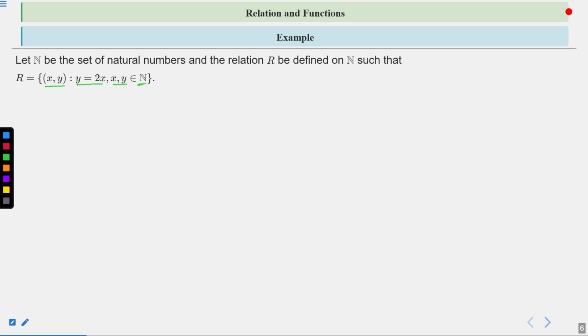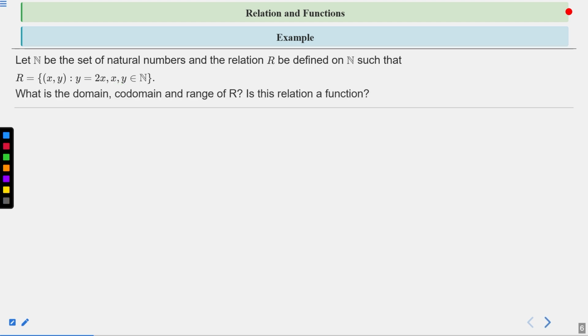Simple. Now in this example, we are asked to find the domain, codomain and range of R, and whether this relation is a function. We have three questions, so we have to answer all of these three.